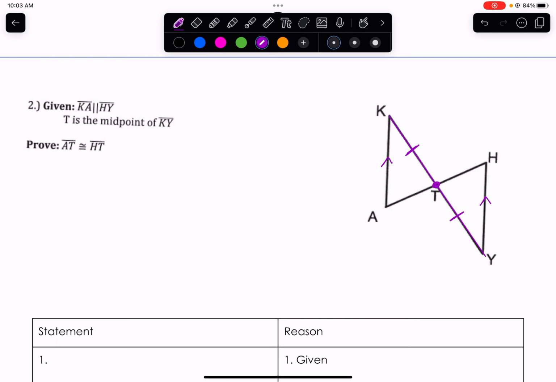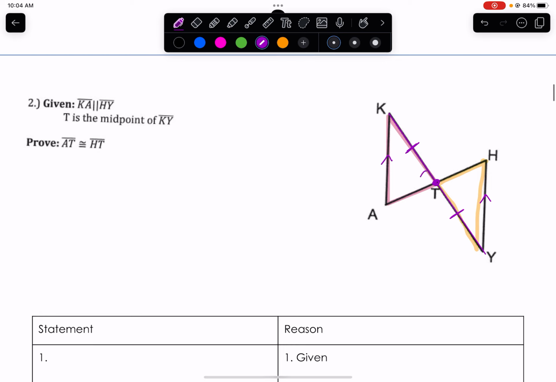Now you should also see that there is a specific shape to this proof, right? So first, if I highlight, there's nothing that I highlight twice, but I do have that bow tie shape. So these two angles, angles 1 and 2, should be vertical angles, which we know are congruent.